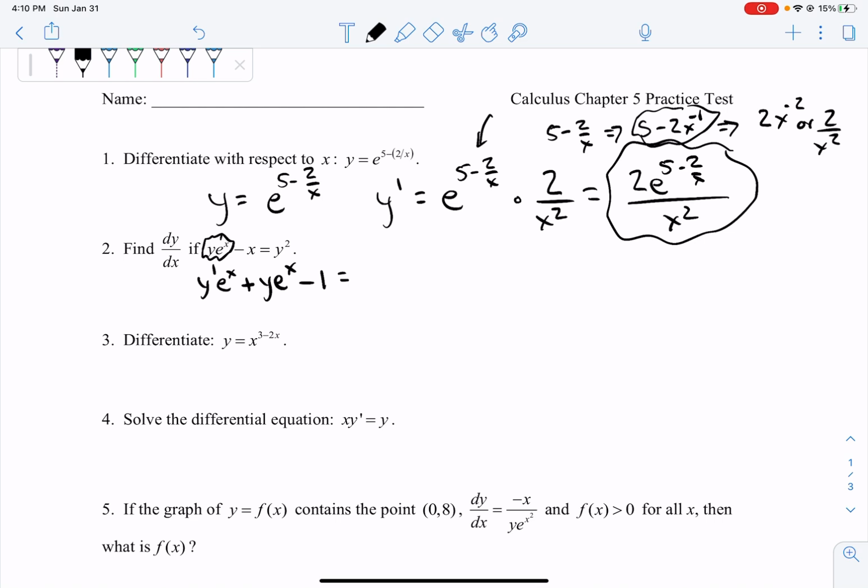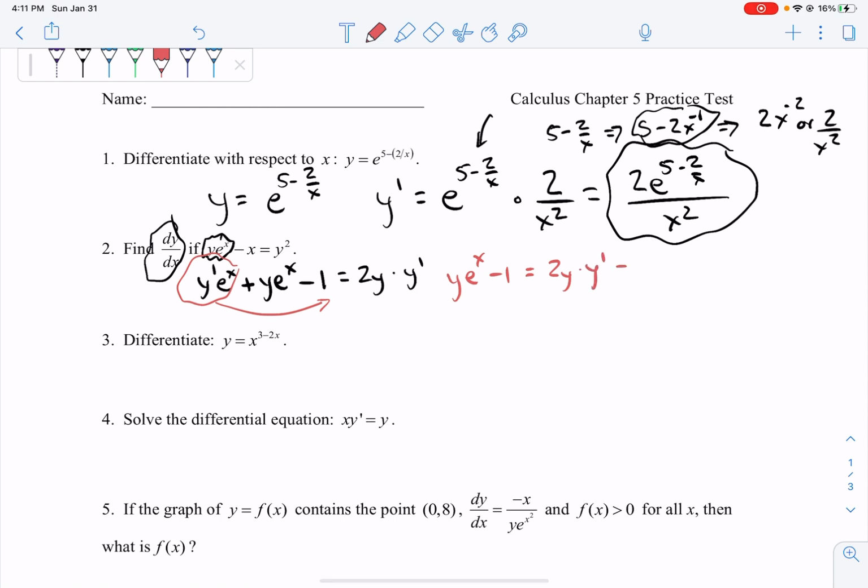The derivative of y squared is going to be 2y, but then my chain rule tells me I've got to multiply by y prime. Now we are trying to get y prime by itself. So we've got to get the y primes together. I'm going to take this and move it over. So I end up with y e to the x minus 1 is equal to 2y times y prime minus y prime e to the x.